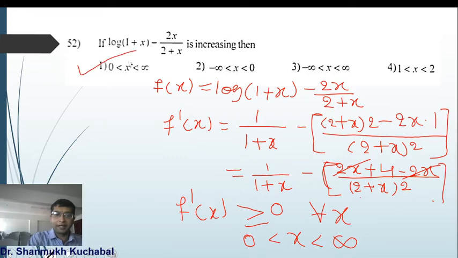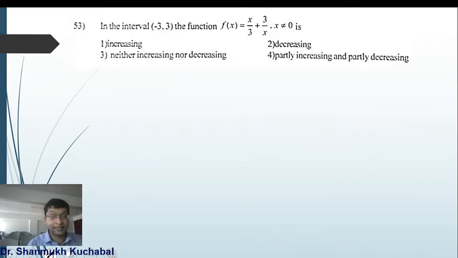Therefore option A is the right answer. It is defined for all positive values, so 0 to infinity, option A is the right answer. Okay, you can take a screenshot of this. Yes, we'll move to our next example.